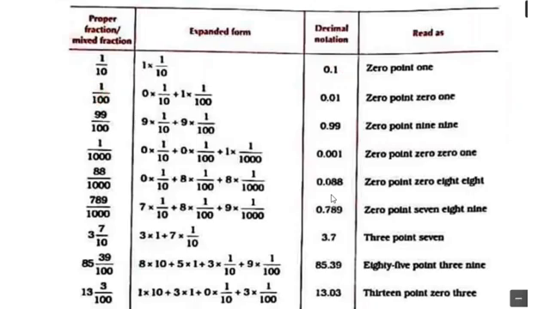Now, how to write 1 upon 100? That is 0 into 1 upon 10 plus 1 into 1 upon 100. Now, children, you can see in the denominator we have two zeros. So, after the decimal point, we'll write 0 and then 1.